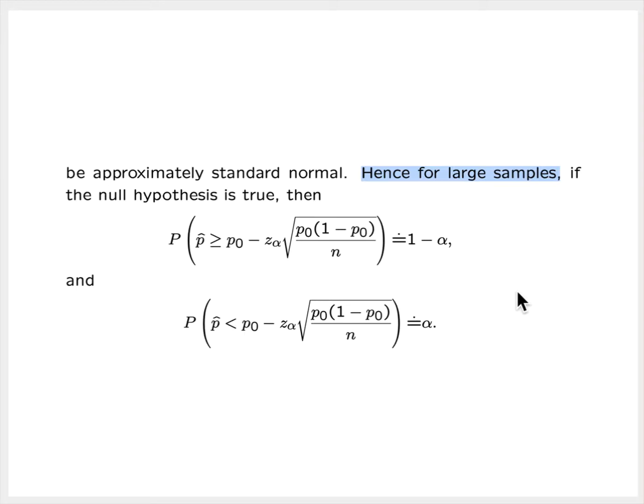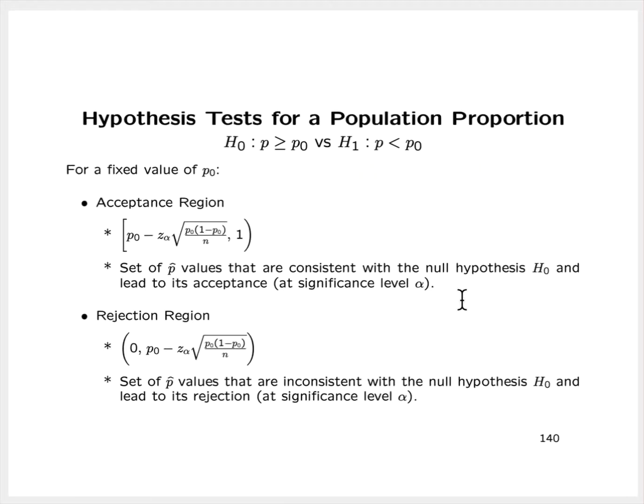So again, if the null hypothesis is true, then by the complement rule, the probability of observing a value of p hat that is less than this quantity will be approximately alpha. So again, that's by the complement rule. And so that leads us again to partitioning the sample space of p hat into two sets, the acceptance region and the rejection region.